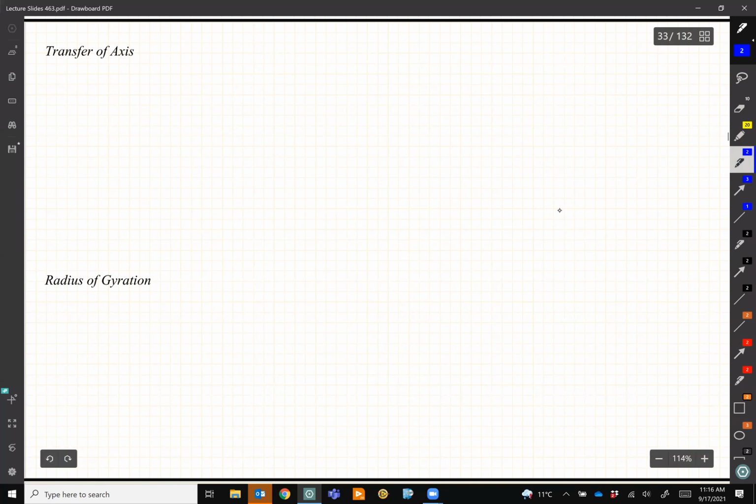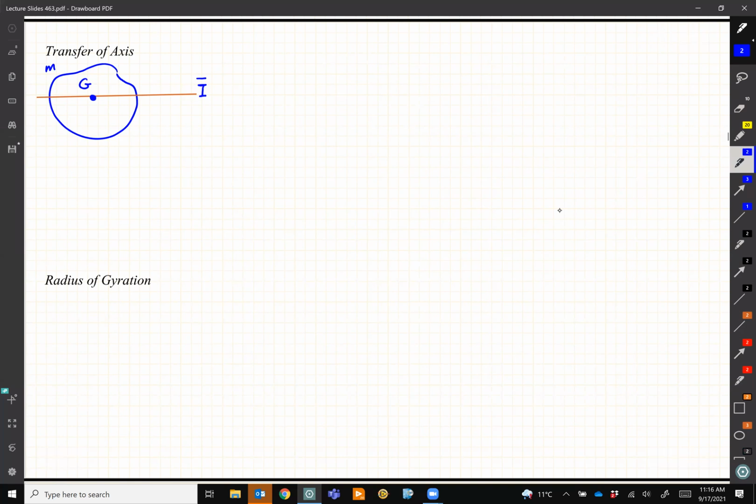So there is a simple formula which tells me, if I have a mass m, and let's say this mass m has a center of gravity G, and I have I. So in order not to get confused, usually the moment of inertia that passes through the center of gravity, you show it by I bar, or you can just write IG.